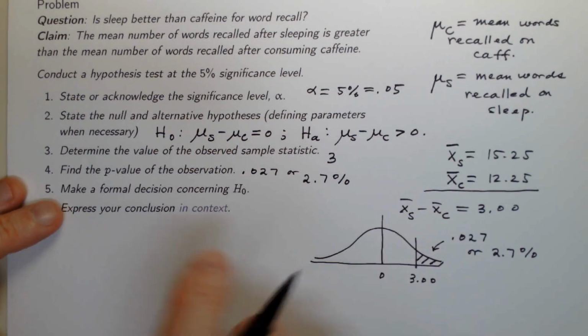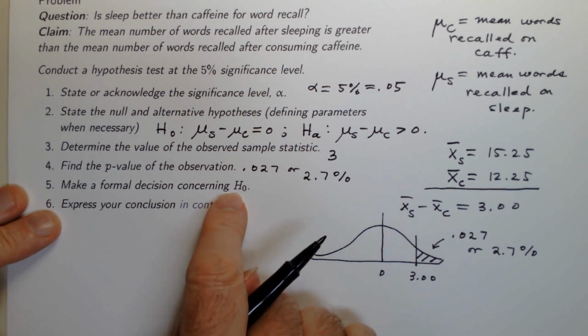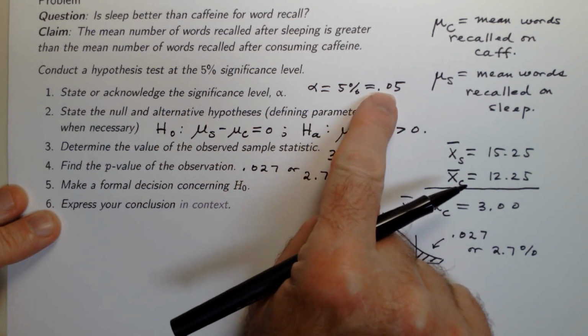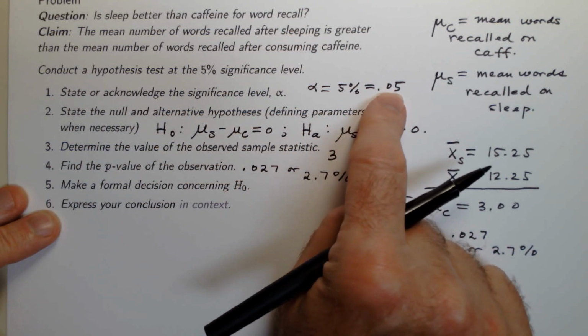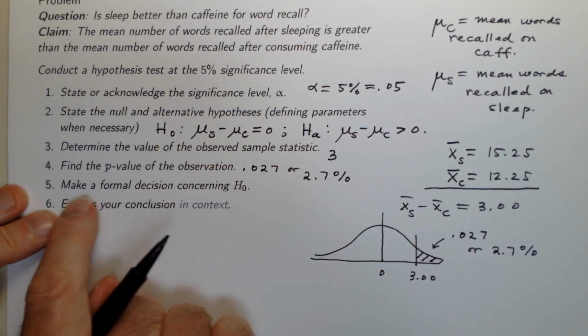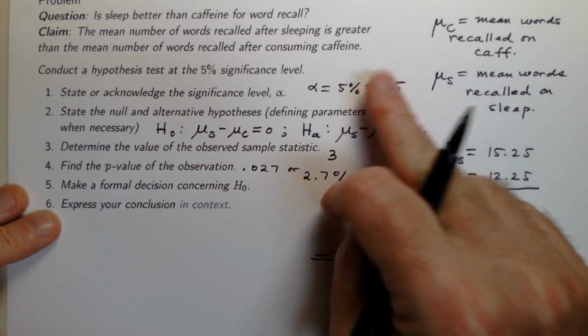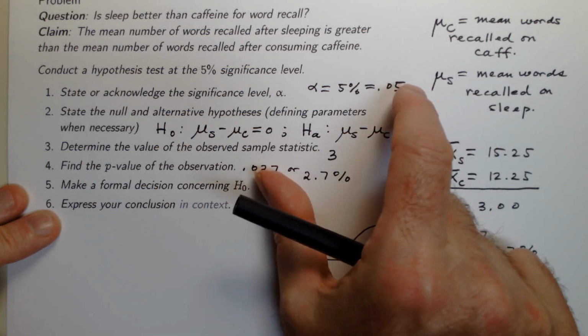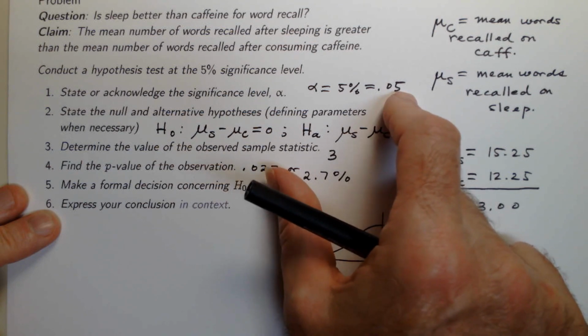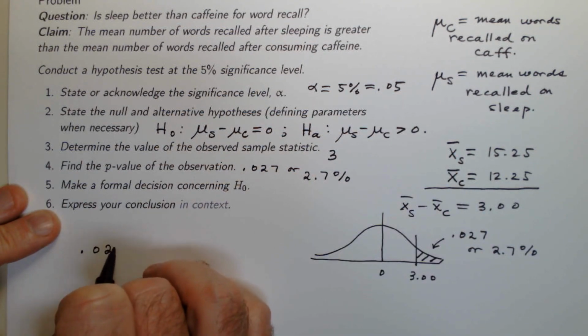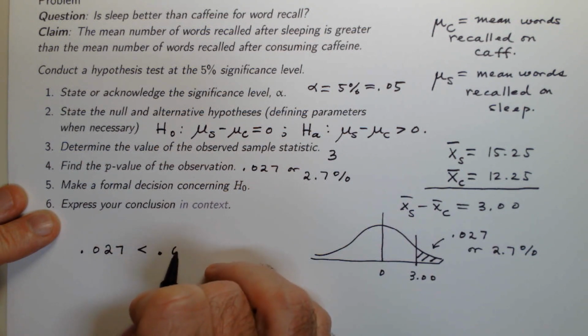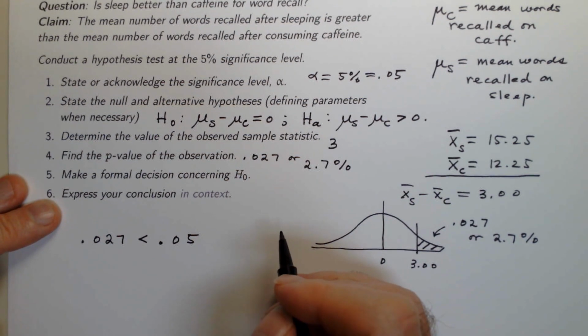Now we want to make a formal decision concerning the null hypothesis, and this test is being conducted at the 5% significance level or with alpha equals 0.05. And so what we want to do is look to see how these compare. How does the 0.05 significance level compare to our p-value? And what we're seeing is that our p-value, or 0.027, is falling below the significance level of 0.05.